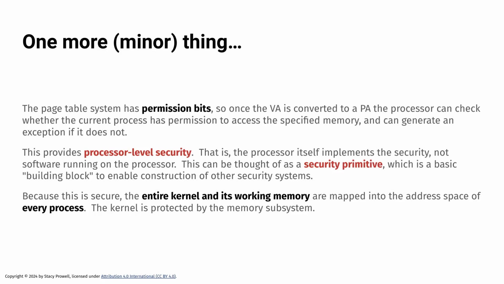And that's okay because you're protected by the memory subsystem. Your process, an unprivileged process, can't read kernel memory and certainly can't write kernel memory because it doesn't have permissions to do that. Never going to get through it. Processor level security, unbreakable. So here's how you break it.